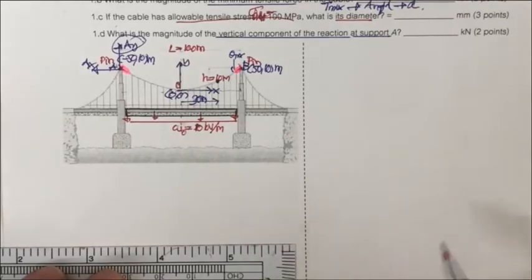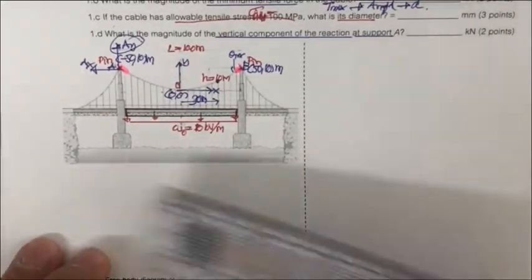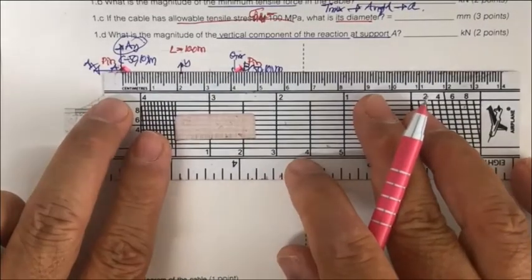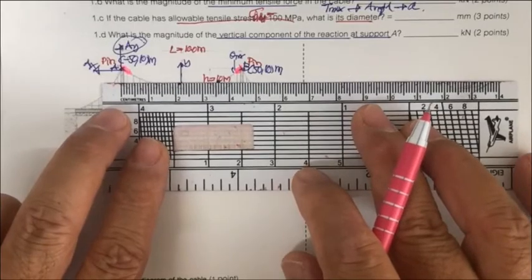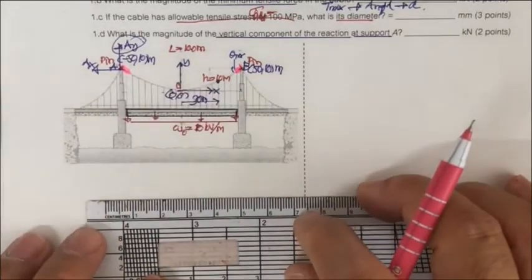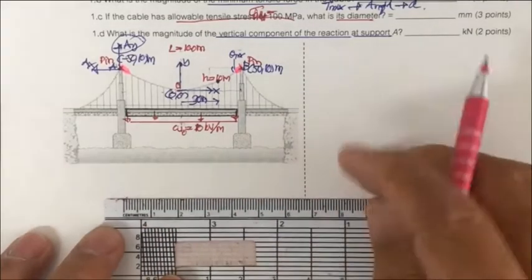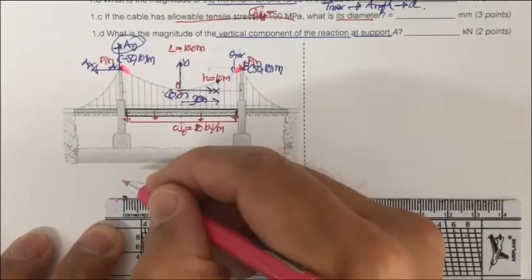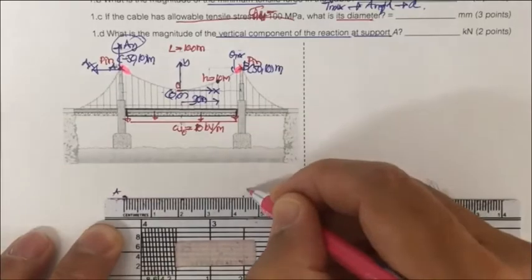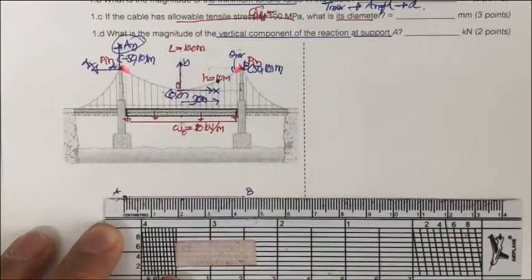What we have is a cable that's about 4.5 centimeter apart. So we have this one is point A, and this one is the point B. So this one is the A, and this one is the B, and it's going to span 100 meter.